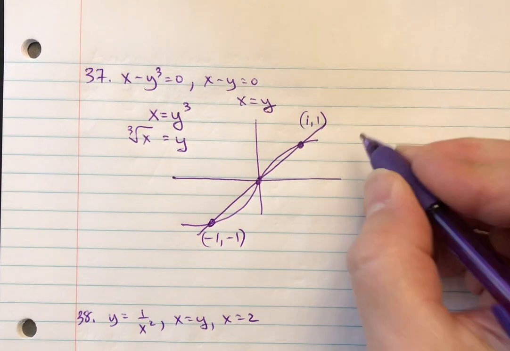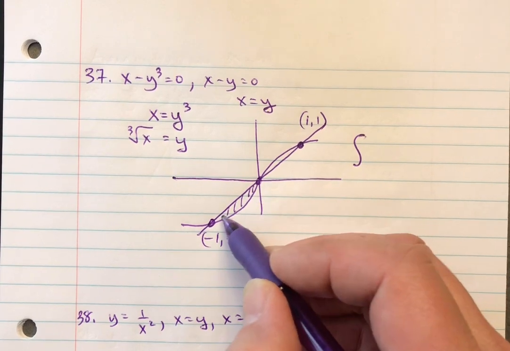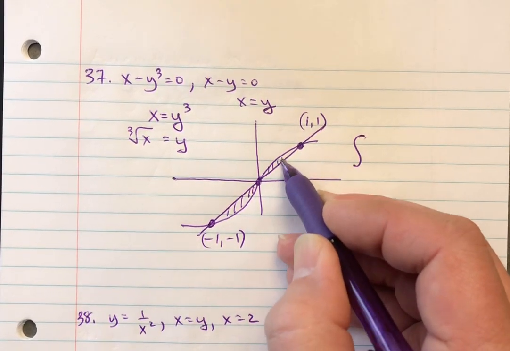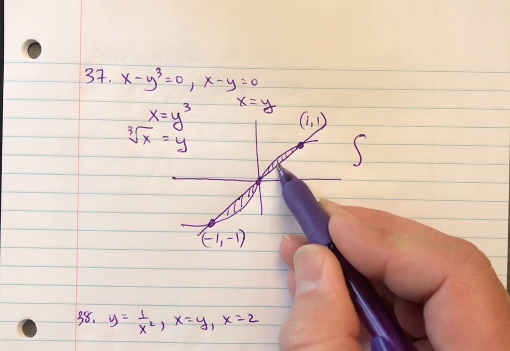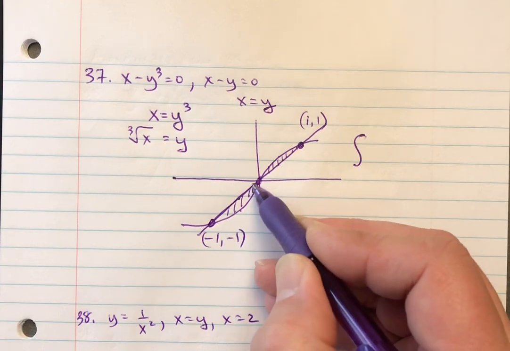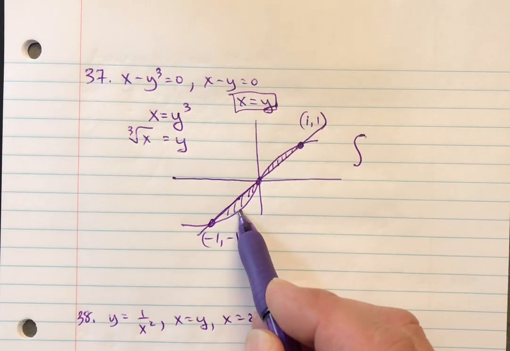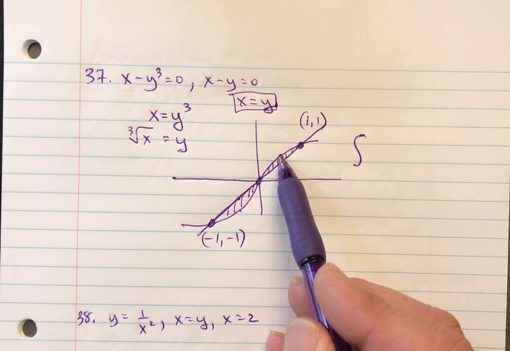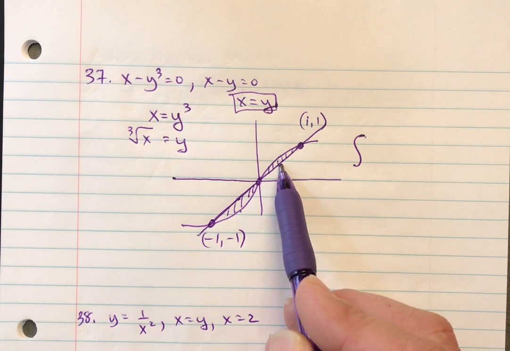So when I find the area, I can find the area of this little piece and then add the area of this piece. But my upper and lower functions switch. Here, it's y equals x, and the lower function is the cube root of x. And then here, the upper one is the cube root of x, and the lower is y equals x.